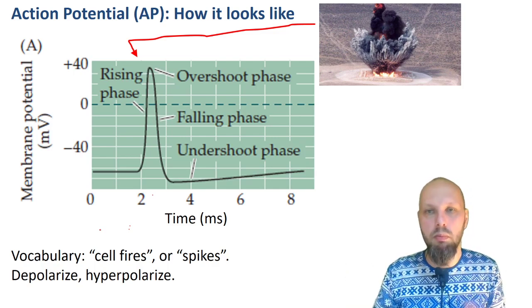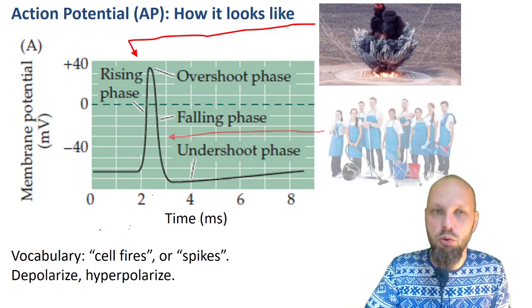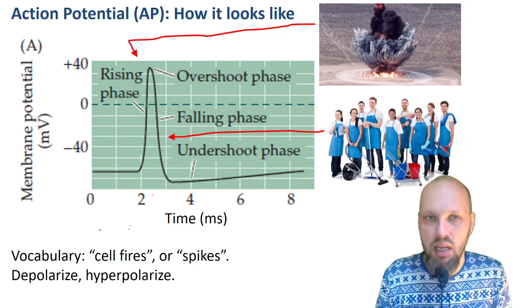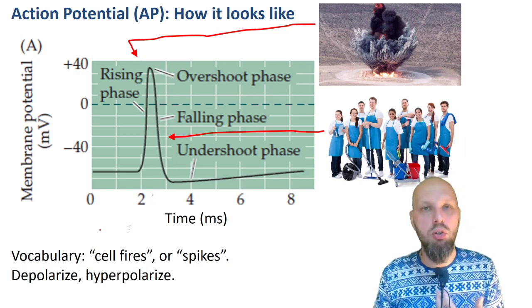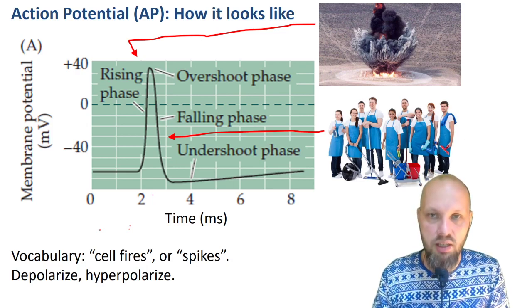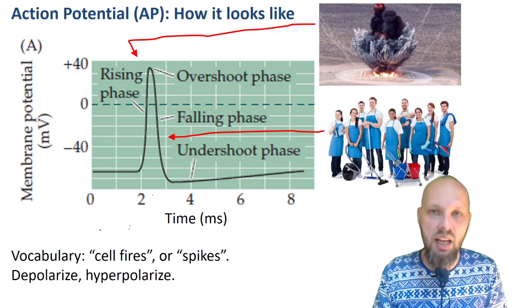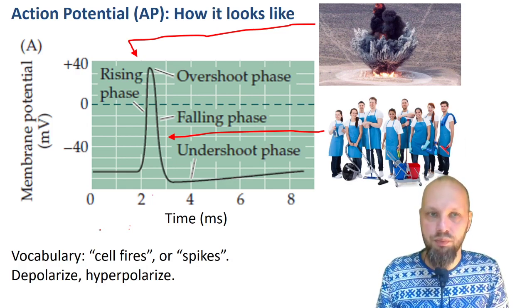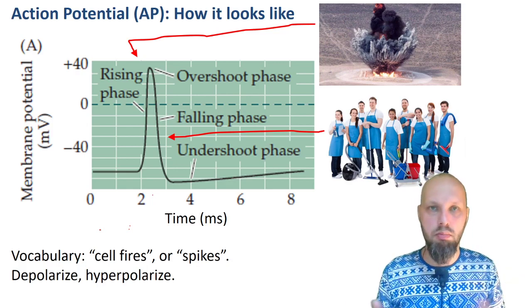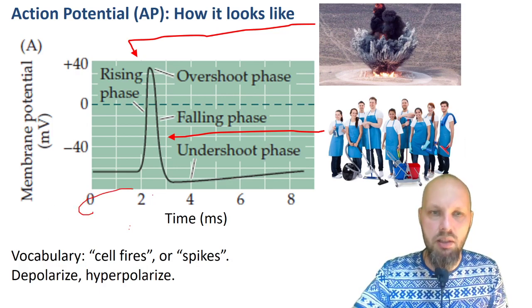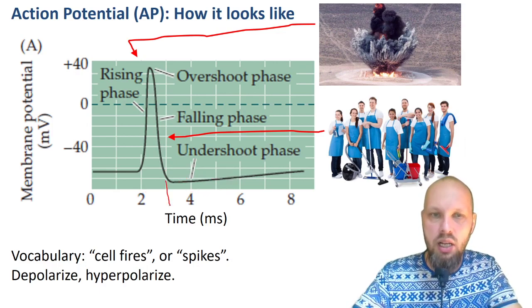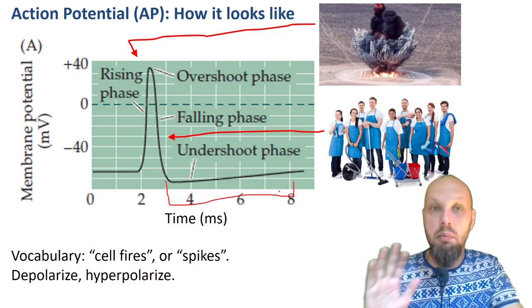And then, unlike in an explosion, here we cannot afford the cell to fire once and never fire again. So we have to come up with another process that would somehow bring it back and reduce the potential back to its baseline value. And we may have a little bit of weirdness here. If it doesn't come exactly to this value, if it takes a little while to clean things up, that's okay.